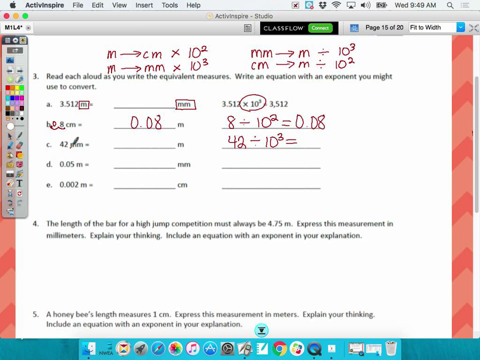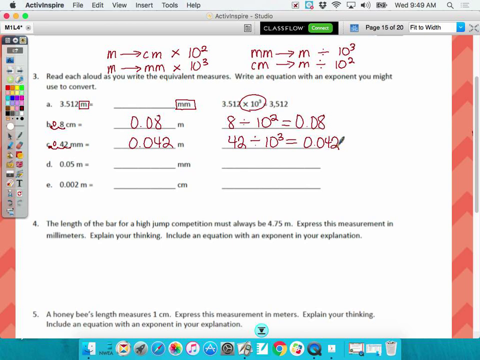So how many place values? Power 3. 1, 2, 3. Good. So what's my answer, Maite? How do I say that? 42,000. Very good. 42 thousandths. Raise your hand if you got that one right. That's probably the trickiest one you have to do.